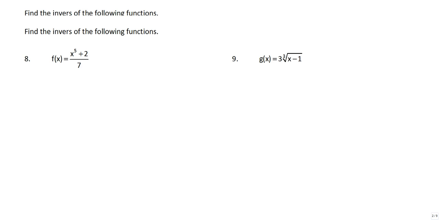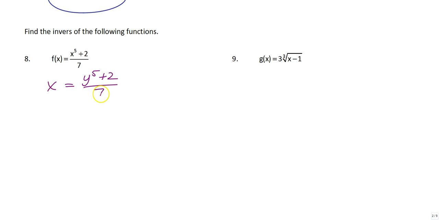Last 2 questions for Unit 4, and then we'll make another video for the rest of them. Finding inverses. Remember, the first thing you want to do is switch your x and y. So x is equal to y to the 5th power plus 2 all over 7. And then you just solve for y again. Get rid of the 7 in the denominator by multiplying both sides by 7, so 7x is equal to y to the 5th plus 2.